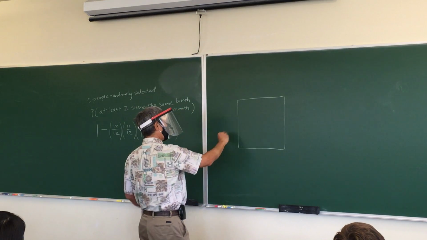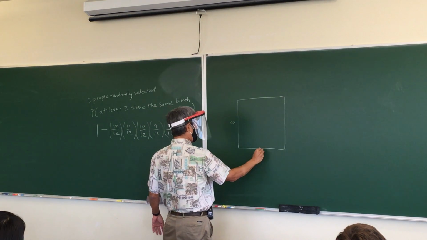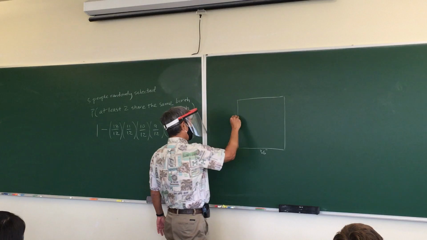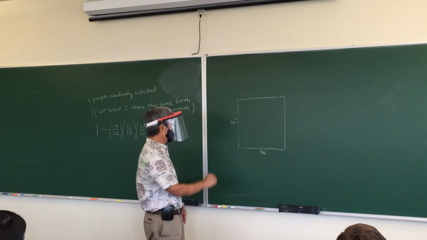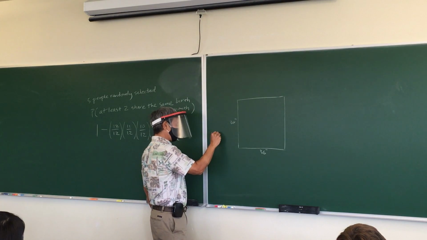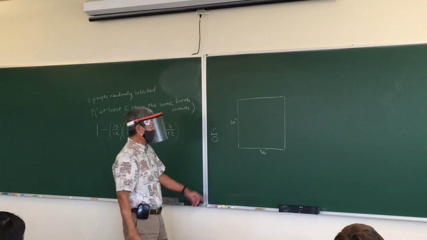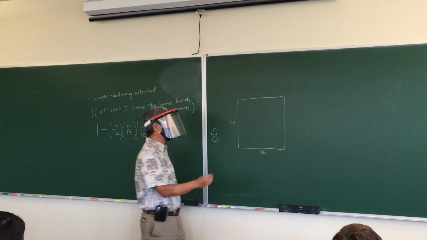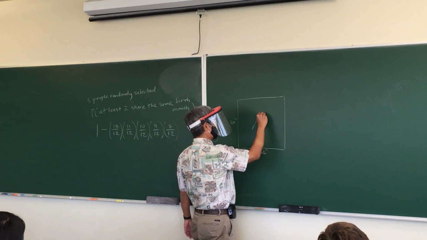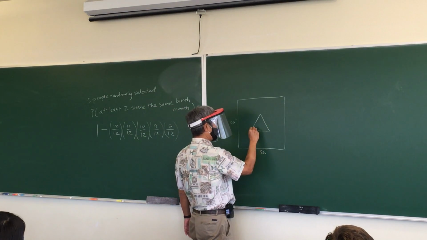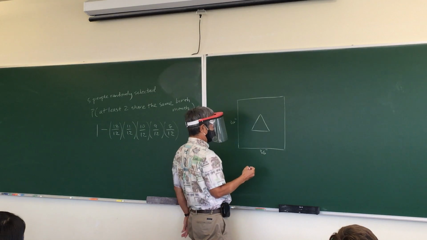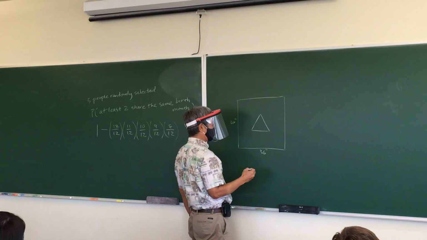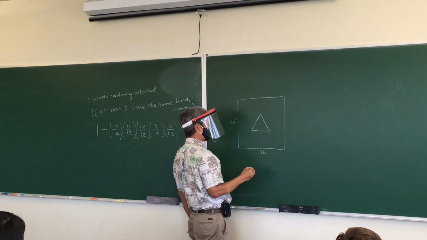So suppose this is 36 by 36 inches. And we're going to assume a quarter, which has 1 inch diameter. We'll assume that it lands completely in this region. What is the probability that it lands in an equilateral triangle? I showed you this yesterday, but again, you got to be able to do it on your own. And what are the dimensions of this equilateral triangle?